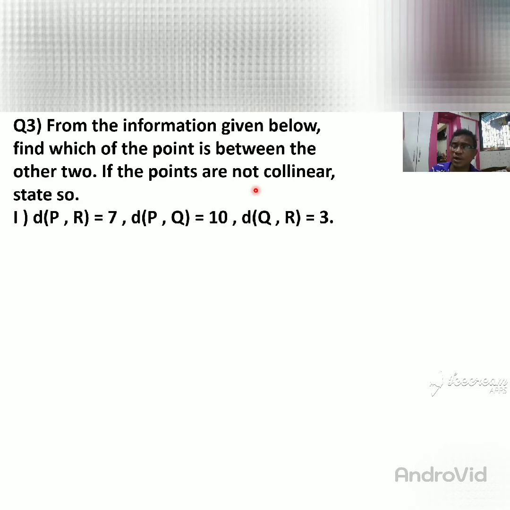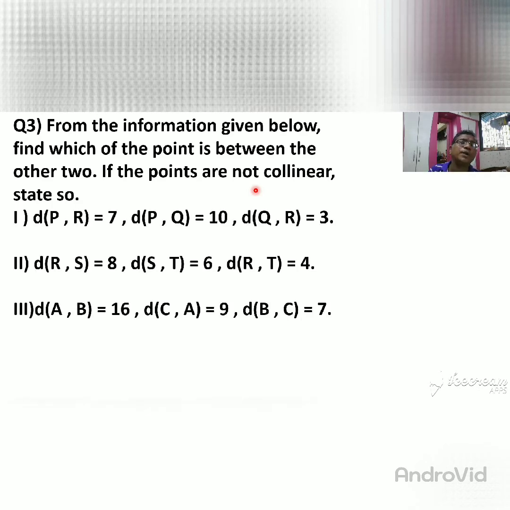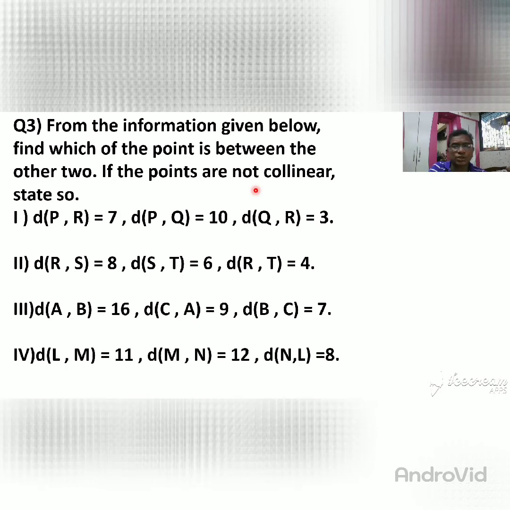So here, first we write the problems which we want to solve. Problem first: distance P comma R is 7, distance P comma Q is 10, distance Q comma R is 3. So there are 4 problems given to you, and we can solve these 4 problems one by one. Then we write the conclusion whether they are between or not between. So how can you find out which point is between? First we see distance P comma R 7, distance P comma Q 10, distance Q comma R 3.